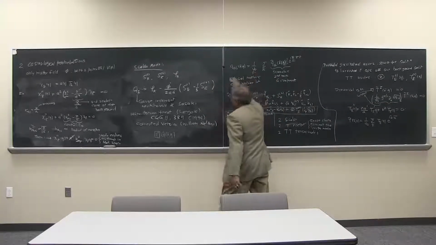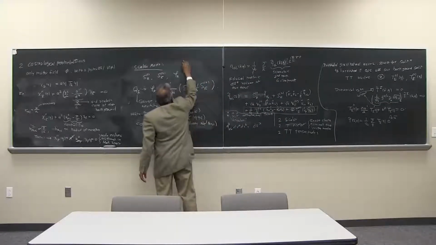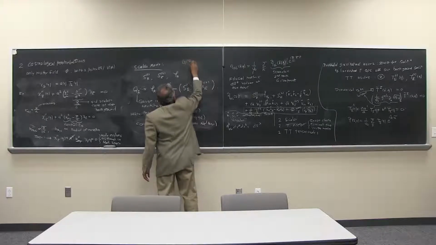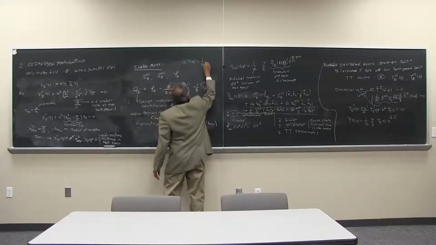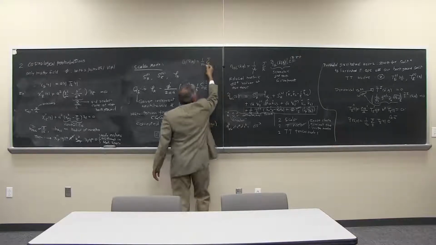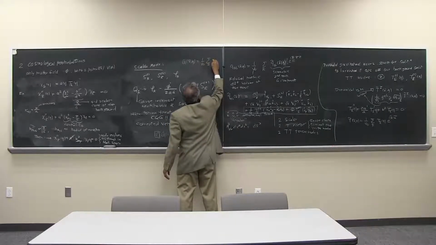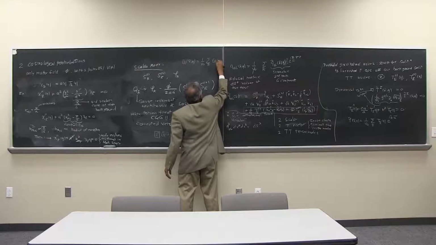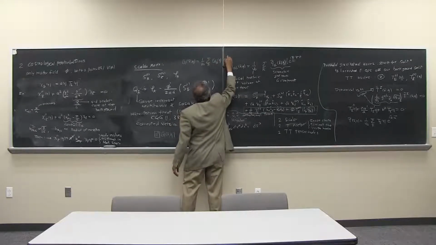So exactly like this framework, namely Q of x and eta will be equal to 1 upon square root of V naught times the sum over k of Q_k of eta e to the i k dot x.